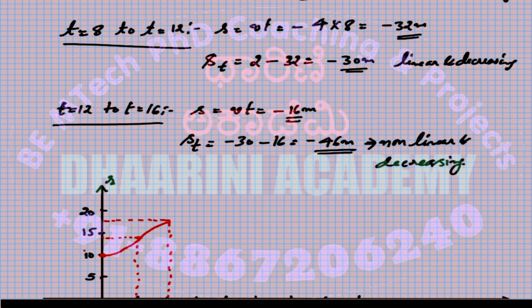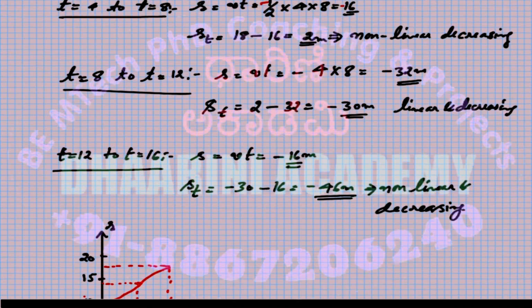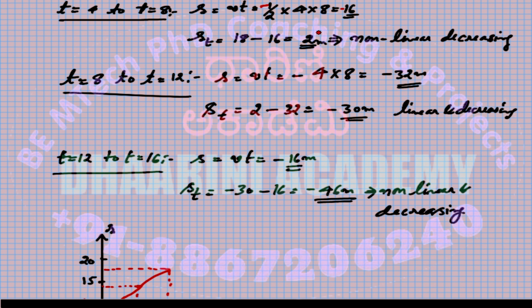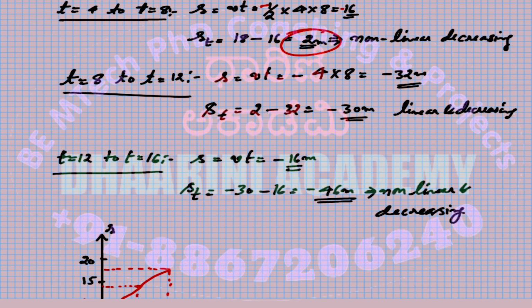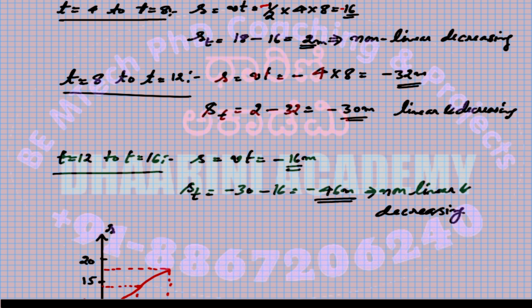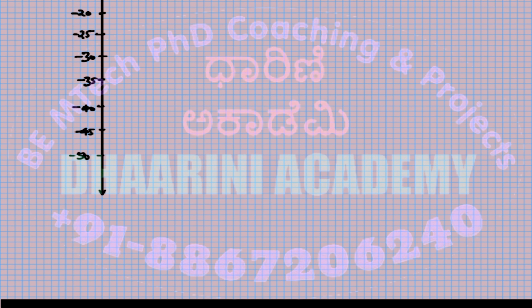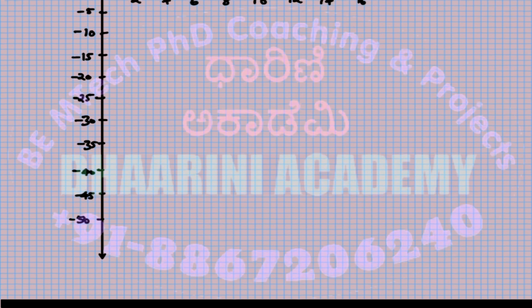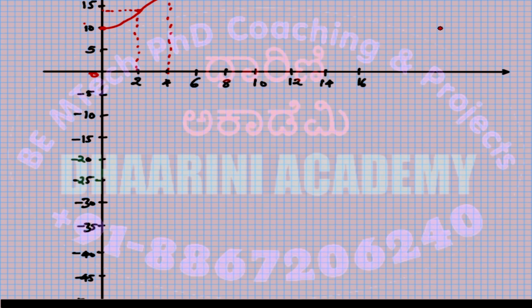After 4, now the next is a 4 to 8. It reaches 2 at the end of 8 seconds. So at t equal to 8, it has to reach 2 and it is a non-linear decreasing function. So let me go and mark the 2 first. At the end of 8, it reaches maybe 2 is somewhere here.